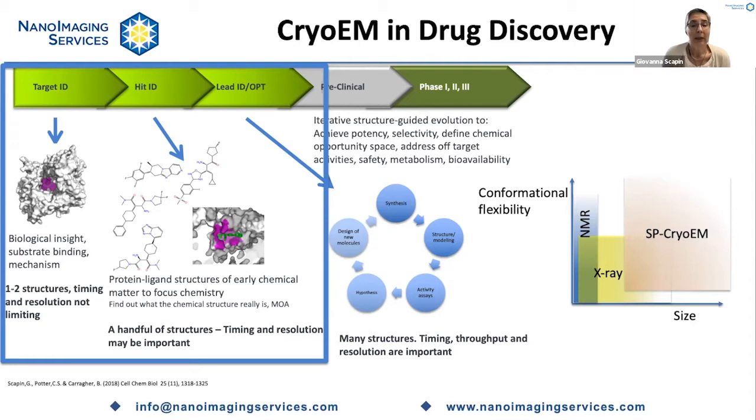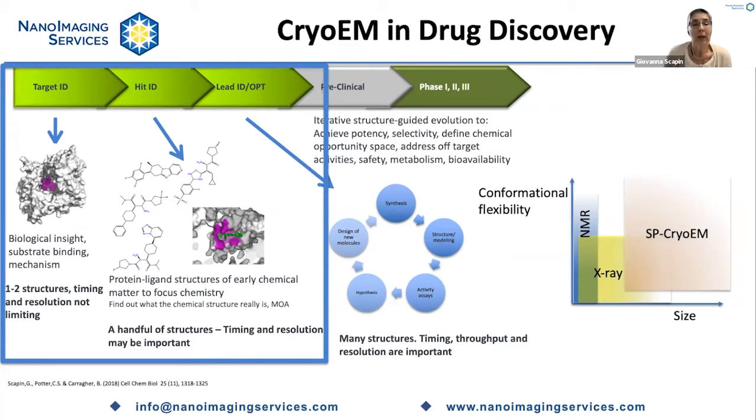So the role of cryoEM at the very early stages of drug discovery, so structure and target identification, when we want to understand the biology of the system, and understanding initial binding modes, is clearly established. There is really not too much that we can say or do about it.